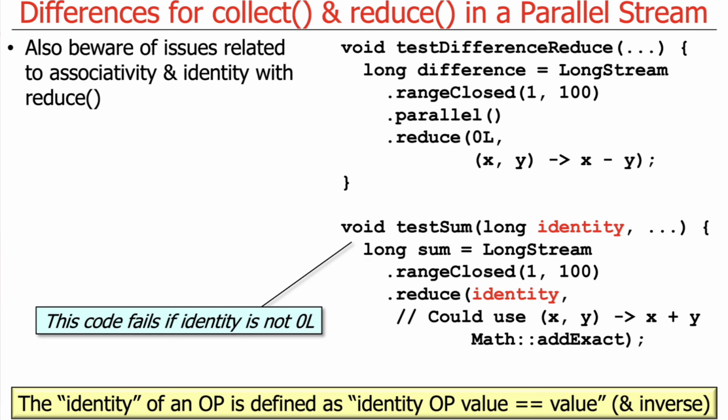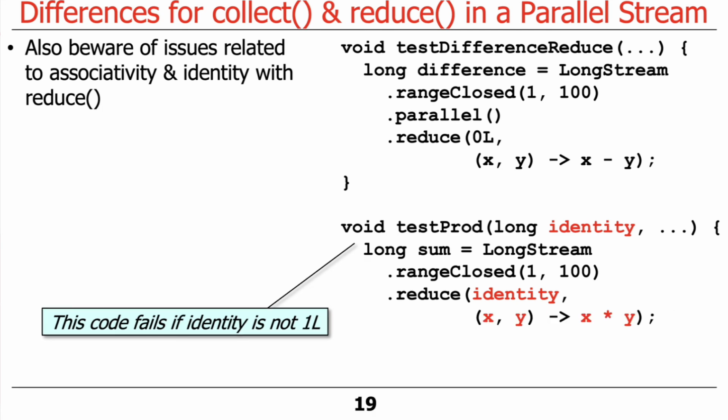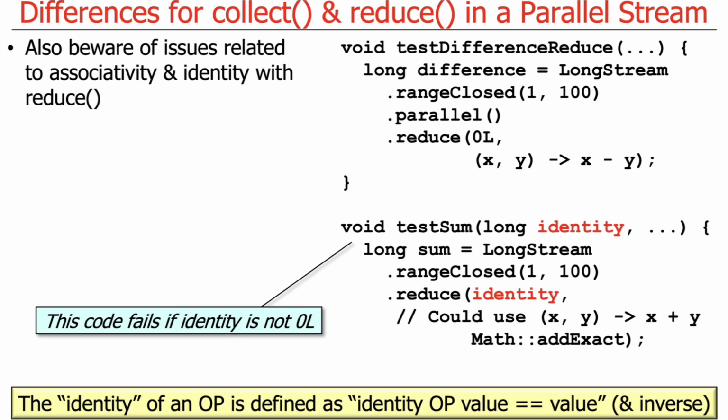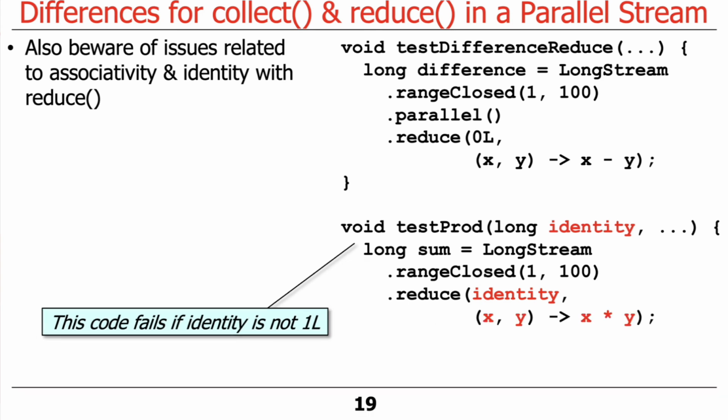So of course, if you take the identity value for addition, which is 0, and add it to any value, you'll get the value back. In contrast, the identity value for multiplication is 1, because if you take 0 and multiply it by any number, you won't get the number, you'll get 0. So it's 1 as opposed to 0. So make sure you pass in the right value for identity. Multiplication behaves differently than addition does with respect to identity.